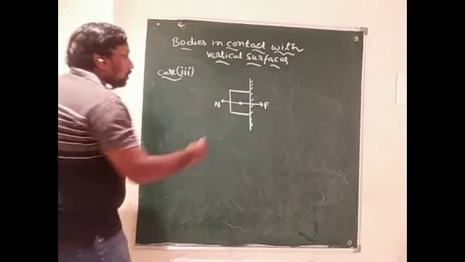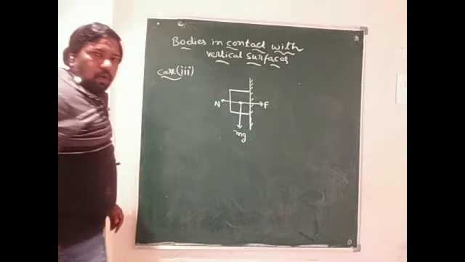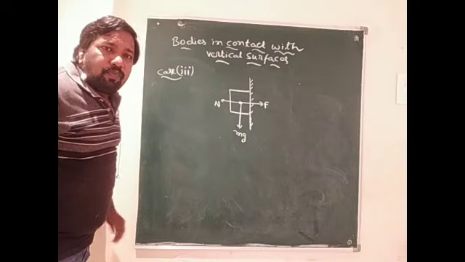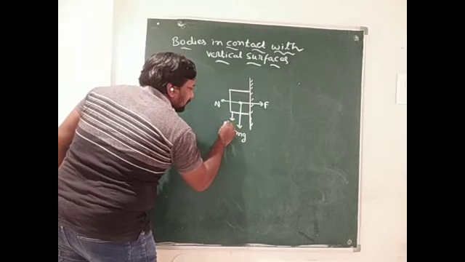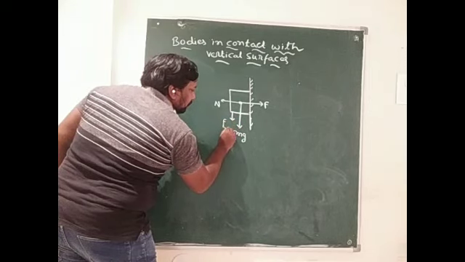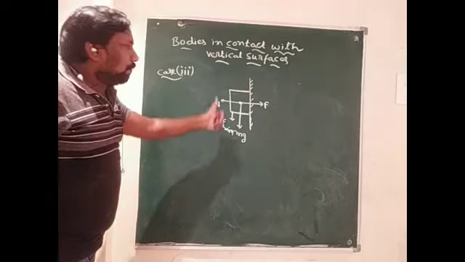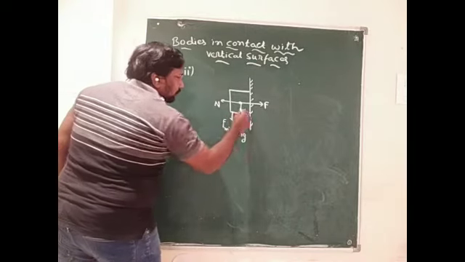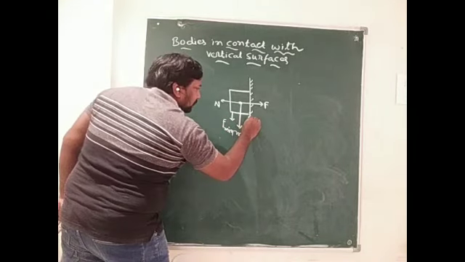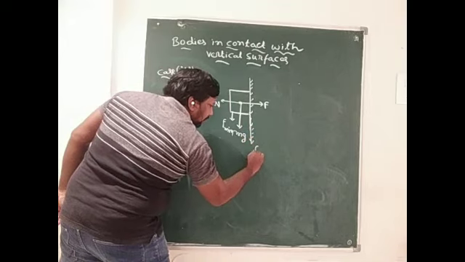Now the weight of the block is vertically downwards. Now a minimum pushing force, that is F minimum, is acting on the block in upward direction. Then in the same case frictional force is acting in downward direction.